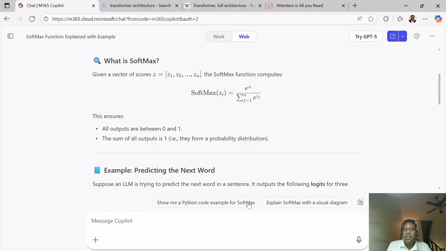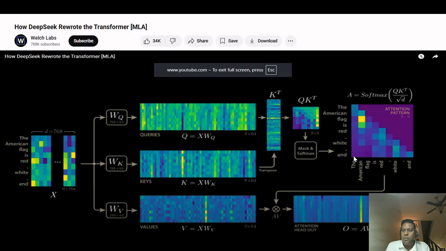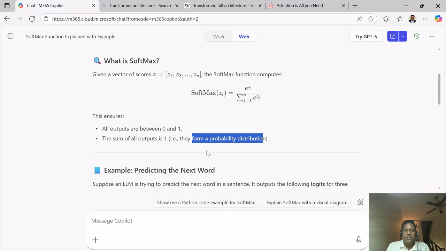And essentially what they result in is a probability distribution. So it tells you, when the word the occurs, what is the probability of the word next to it being American or flag. Similarly, when the word American comes, what is the probability of these words occurring next to each other, right?